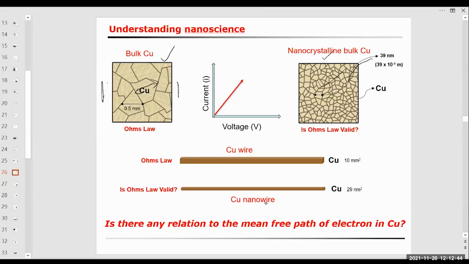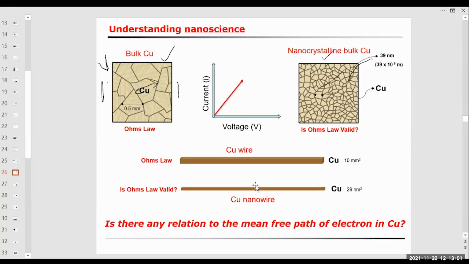So what I do is drop a potential V across this bulk material and try to measure the current.